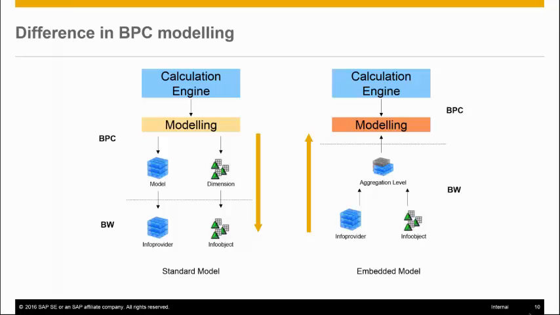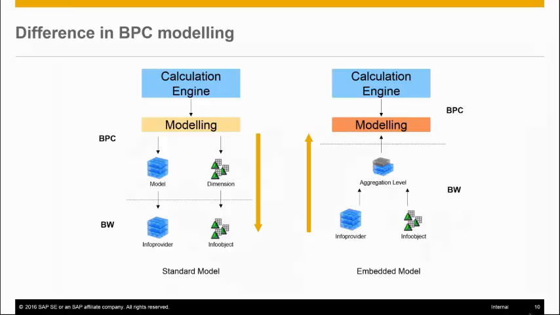On the other hand, for the embedded model, if you're familiar with the planning part, you will see that the modeling starts from the BW side. The user has to create the InfoObject and InfoProvider on the BW side first. Based on this InfoProvider, we can create an aggregation level to define which InfoObjects or dimensions are required in my planning scenario, using planning as an example.